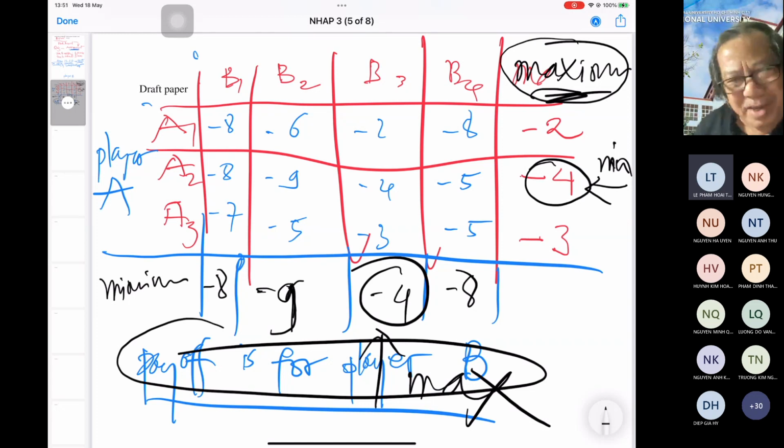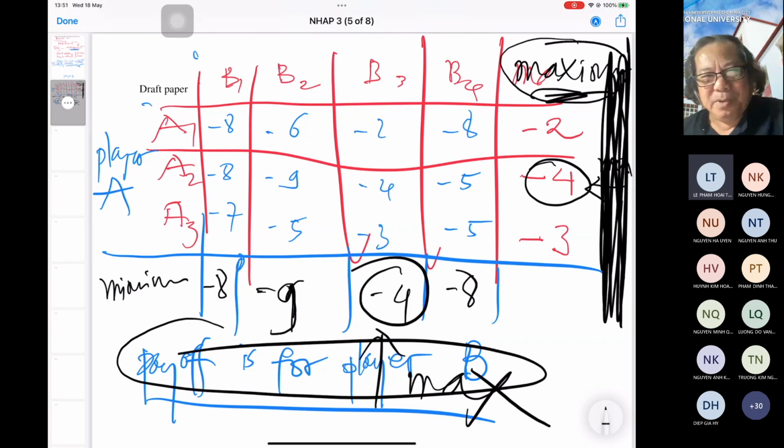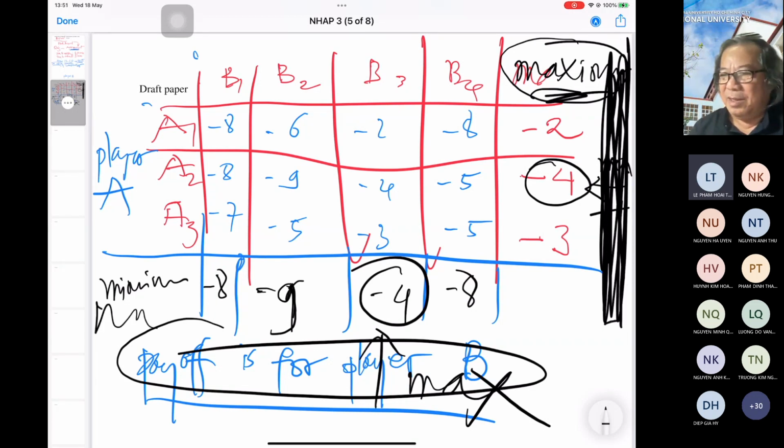Is that okay? Play for A, and then you find in the column, you do the same as my example, that is the min and the max, and here is the max and the min. That's okay, because that is for player A.